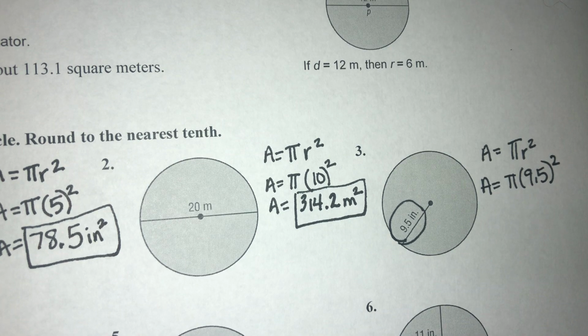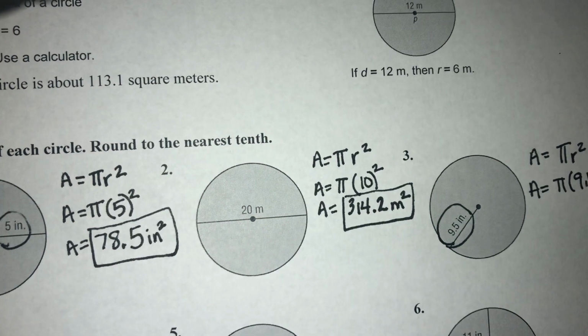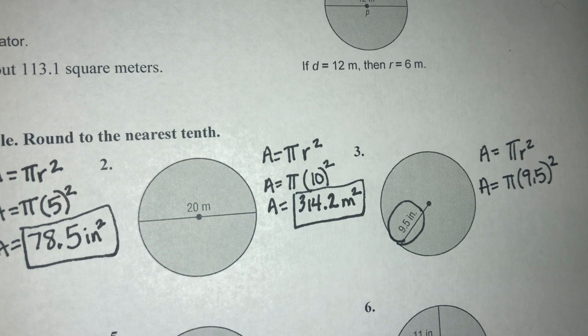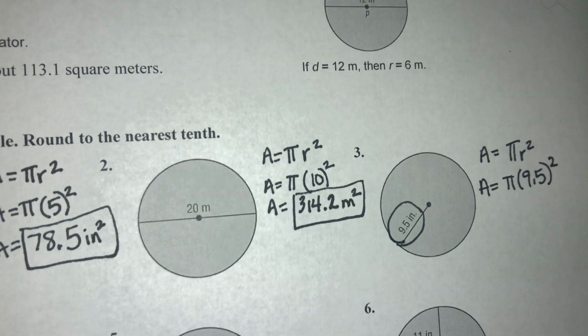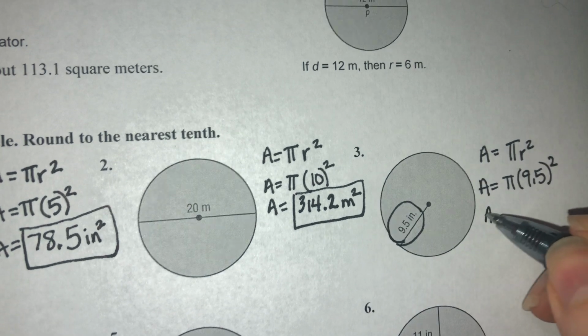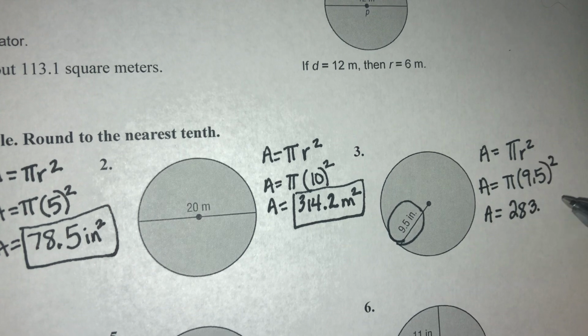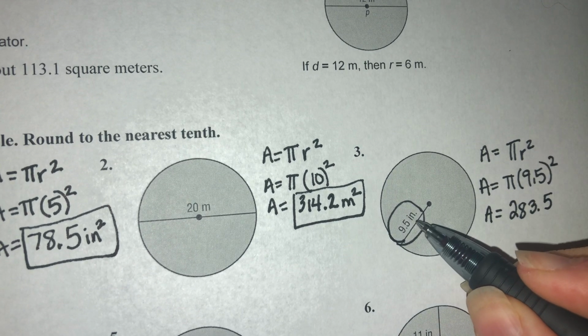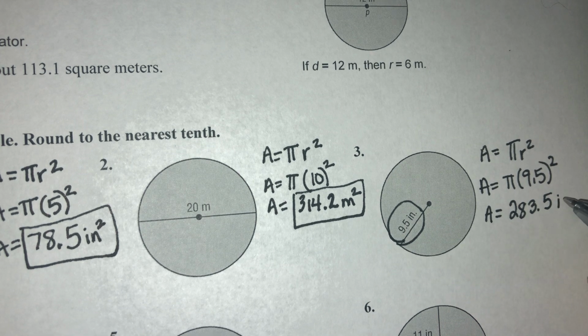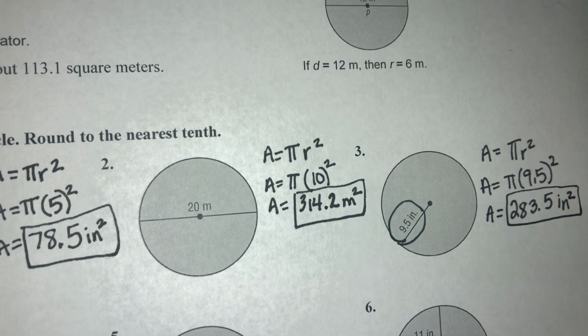And you'll type that into your calculator. And you get area equals 283.5. And our units were inches on our radius, so it'll be inches squared for the area.